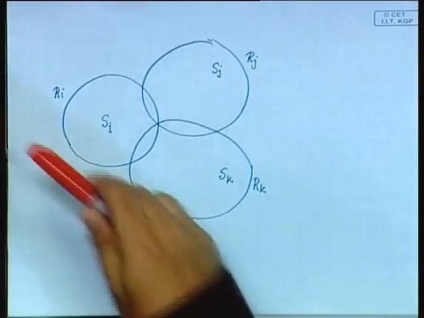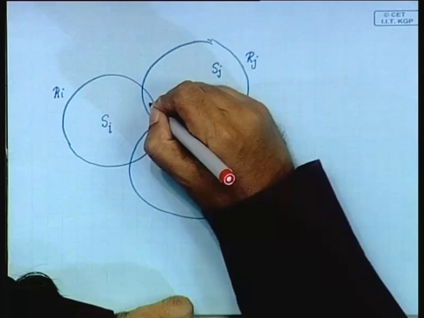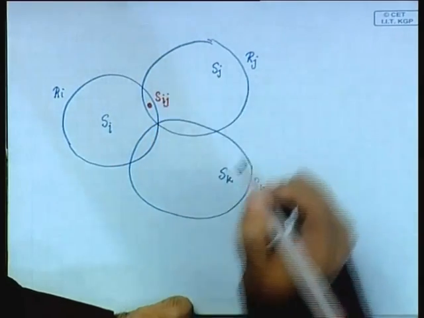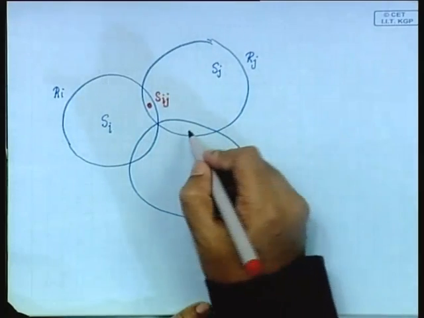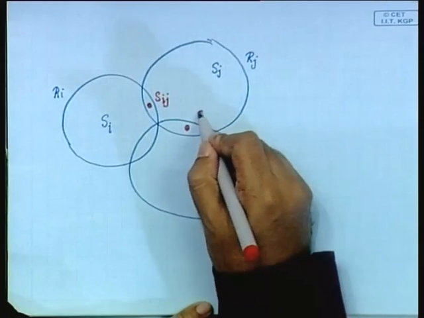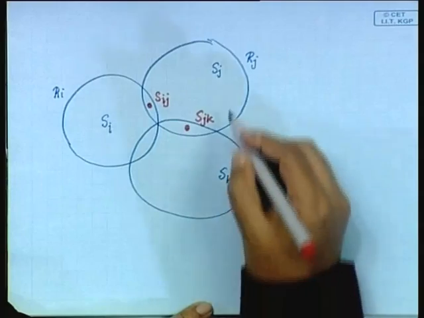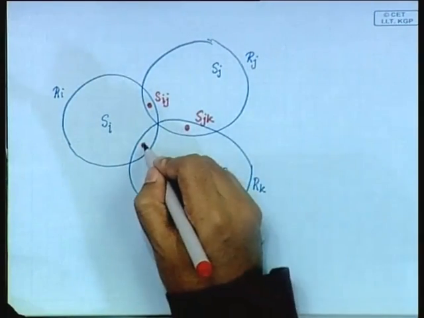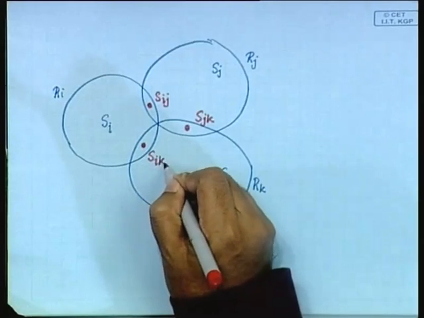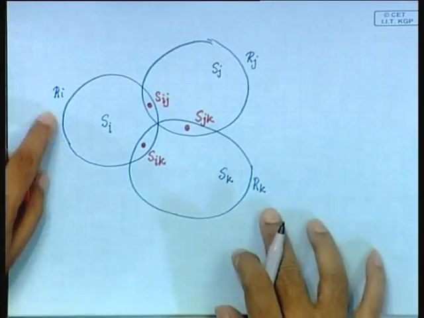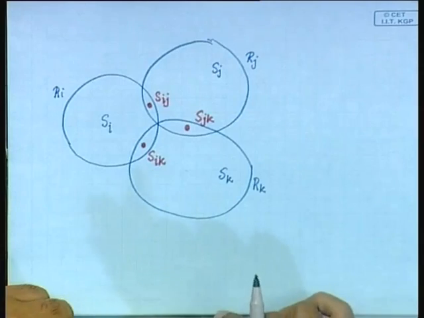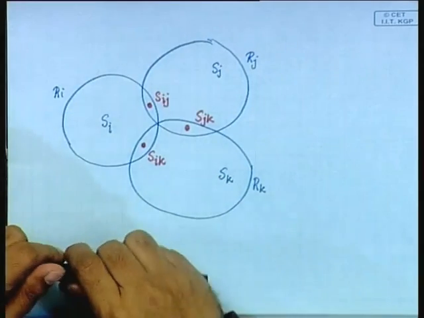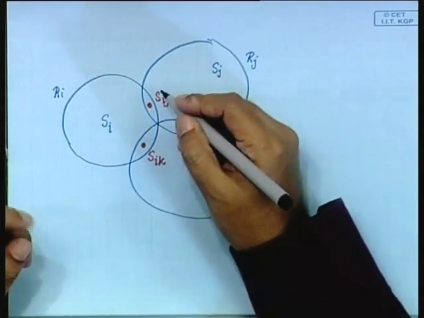Now, let us say that we have the process Sij in the intersection of Ri and Rj, we have a process Sjk in the intersection of Rj and Rk, and we have Sik in the intersection of Ri and Rk, all right. Now, when Si wants to enter the critical section, it will send out request messages.